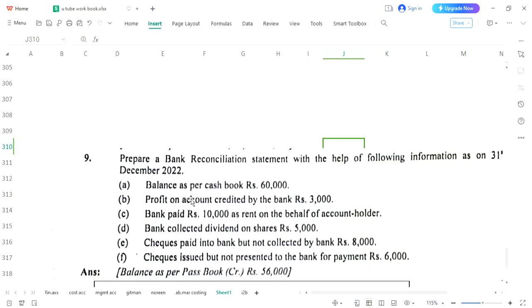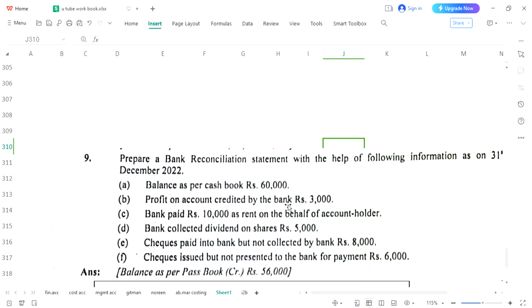The next entry, profit on account credited by bank. As you know, we have discussed that whatever the customer does, the bank will enter exactly the opposite. If there is a credit in the bank, the customer will debit, and if the customer had credited, the bank will debit. It's just the opposite case, because whatever is favorable for the customer is unfavorable for the banker, and if it is favorable for the banker, it would be unfavorable for the customer.